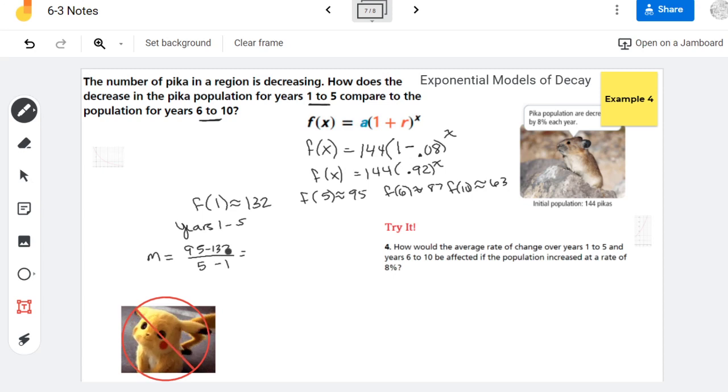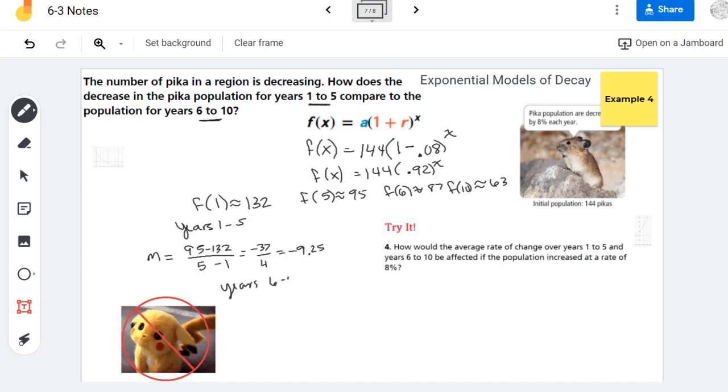Alright, so 95 minus 132 is negative 37, and 5 minus 1 is 4. So that is negative 9.25. So that is saying that about 9 pikas a year are dying in that first section.